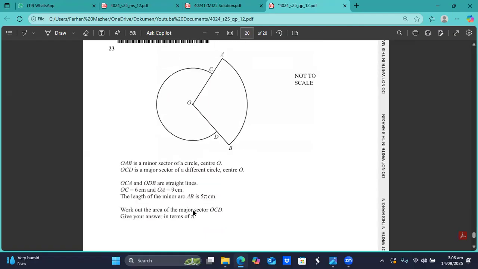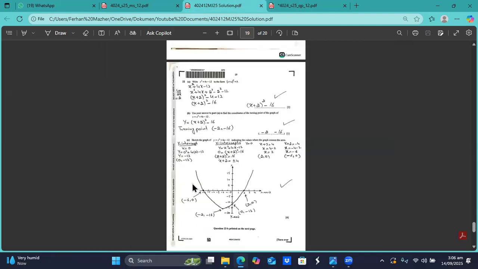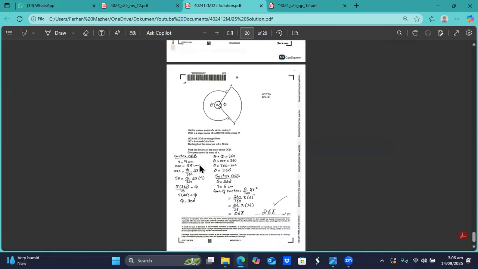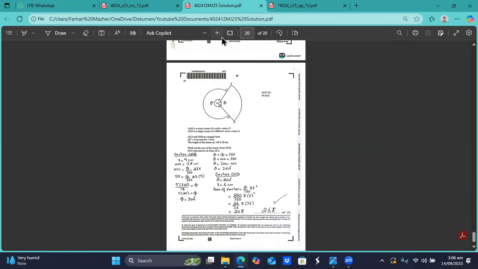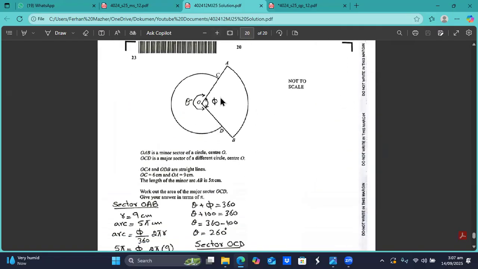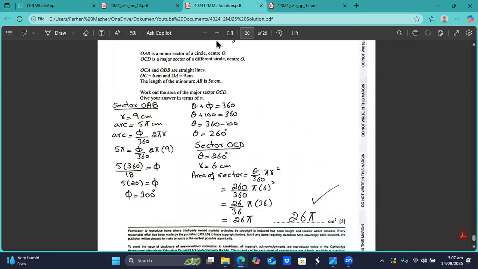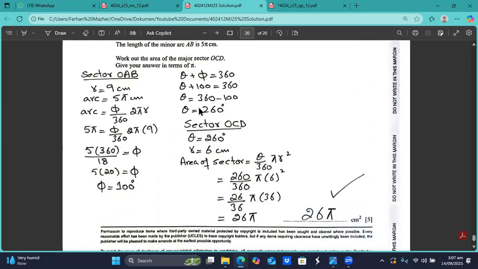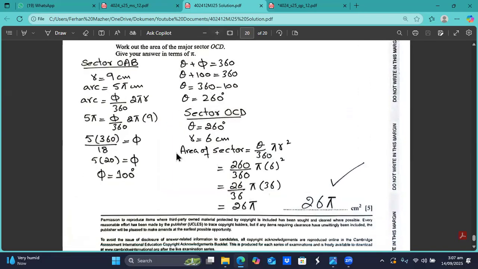Okay. So I need to know this angle. Then I will be able to find the area of this sector. So for the sector OAB, the radius is 9 centimeters.